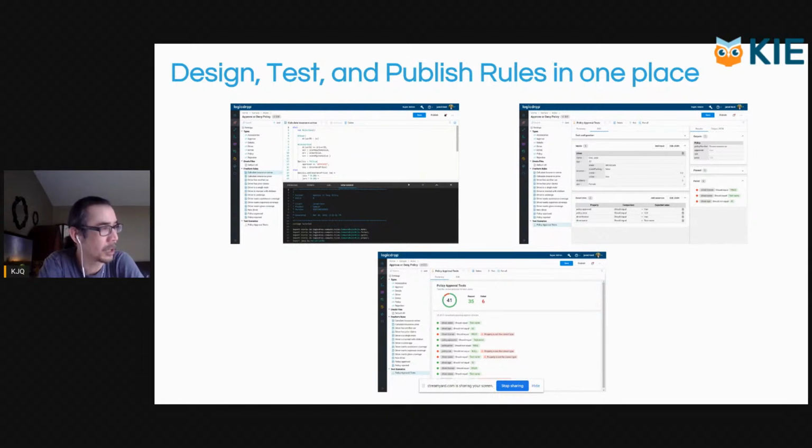Because compared to a lot of the other tools out there, my own personal opinion is Drools is nowhere near as complicated. It can look a little intimidating. Maybe setting up that infrastructure could be a little intimidating. But once you remove those barriers and you bring it down to just the basics, write rules, test the rules in place, deploy them when you're ready, and put that into the fingertips of your business users.